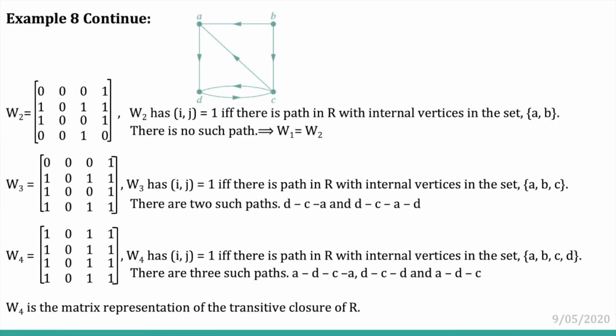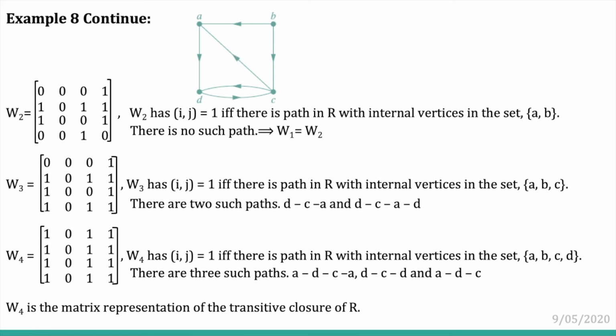In a similar way, let's now construct the next intermediate matrix W2. In W2, an element belonging to the ith row and jth column is represented by 1 whenever there is a path in this graph from the ith node to the jth node, such that the internal vertices of that path belong to the set of AB. We have taken the first 2 elements of the arbitrary listing of the vertices because we are dealing with W2. Now all those ordered pairs which are represented by 1 in W1 are also represented by 1 in W2.